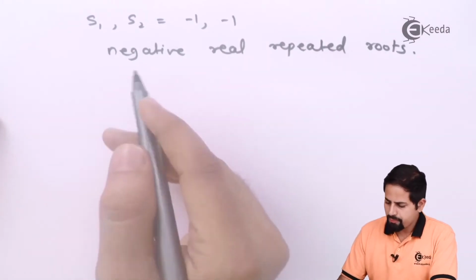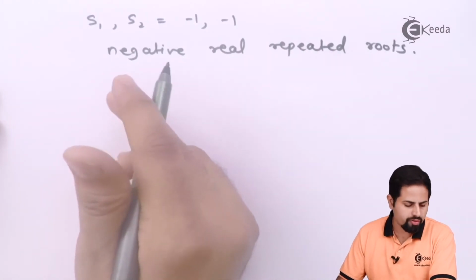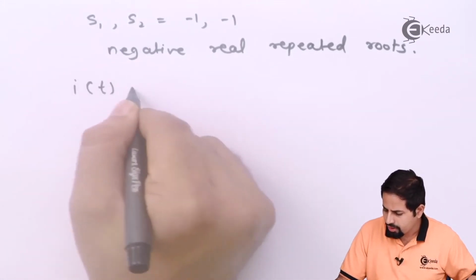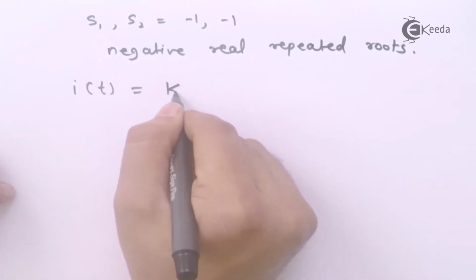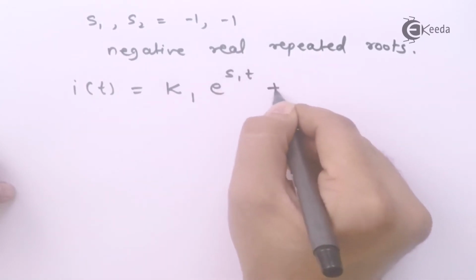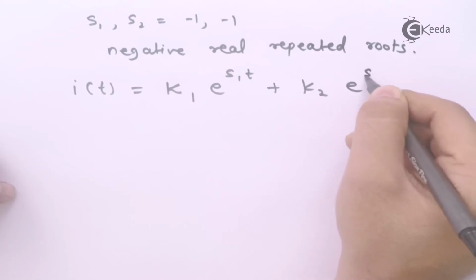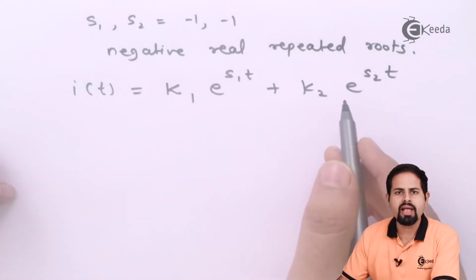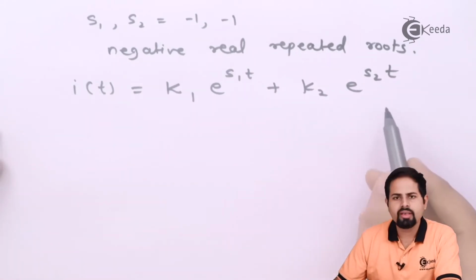So for these roots, let us write the equation of current I of t, and we know that the equation of current I of t is in this form. It is k1 e raised to s1t plus k2 e raised to s2t. So this is the general equation.